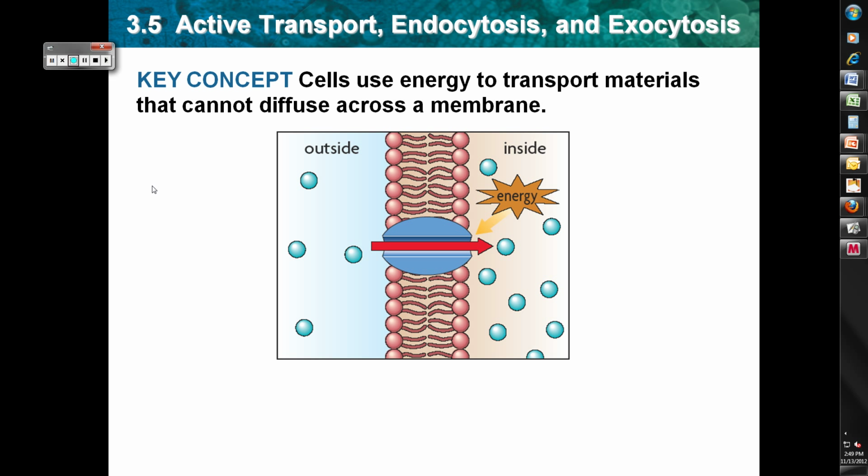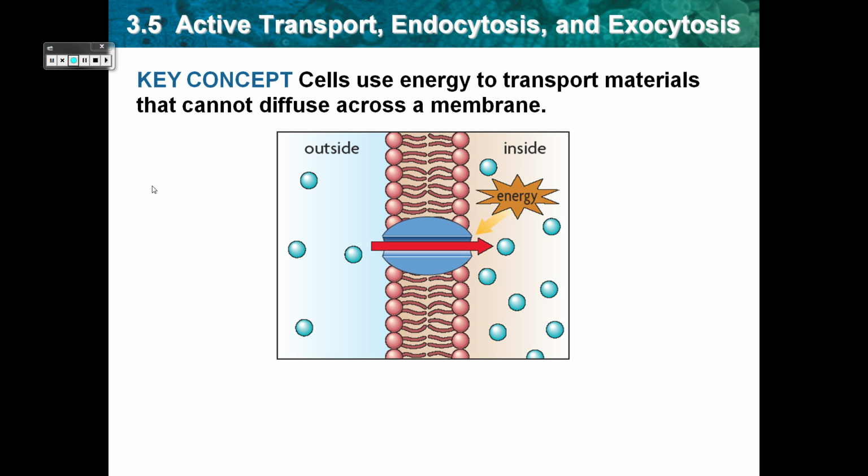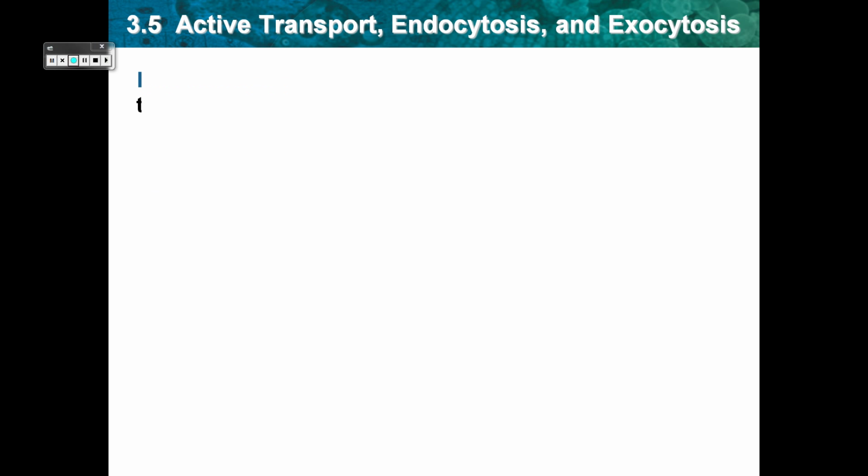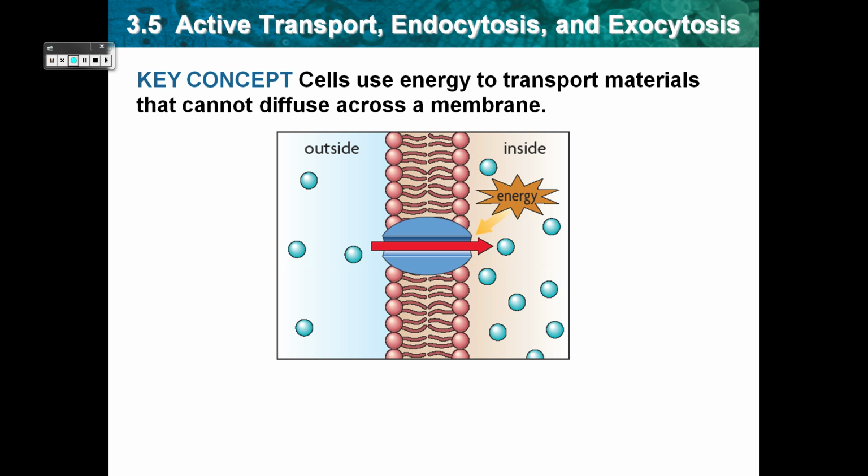Now for this section, 3.5, we will learn how to move molecules against their concentration gradient. Now if you look at this picture here, it's more like trying to blow up a really full balloon.